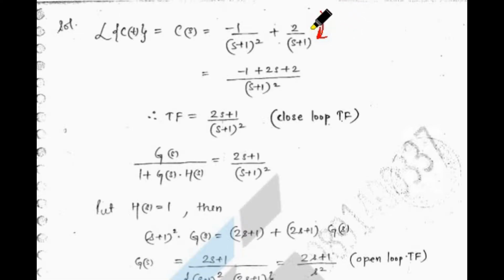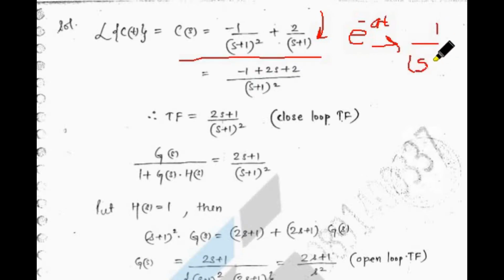The Laplace transform for the given time domain equation is c of s equal to minus 1 divided by s plus 1 whole square. Because for example e to the power minus at is a time domain function, its Laplace transform will be 1 by s plus a, in this case s plus 1. If it is 1, then we have to write 1 over here, right?